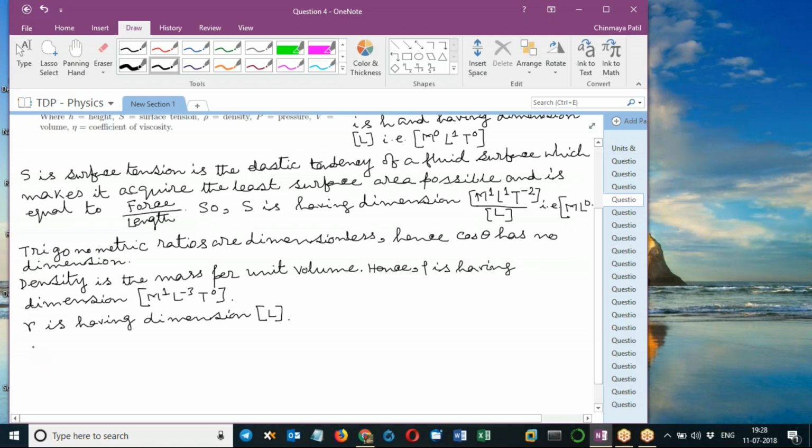R is having dimension L. Then next one is g. What is the dimension of g? M power 0, L power 1, T power minus 2. How come?